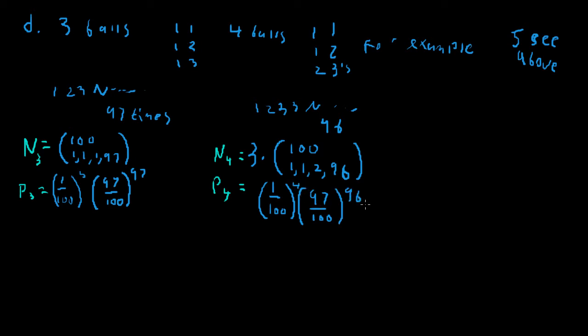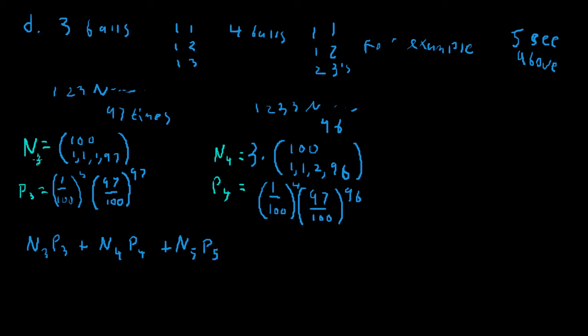So all we have to do now is add up the possibilities from above and from here. So all we do is take n3p3 plus n4p4 plus n5p5. And why can we do this?